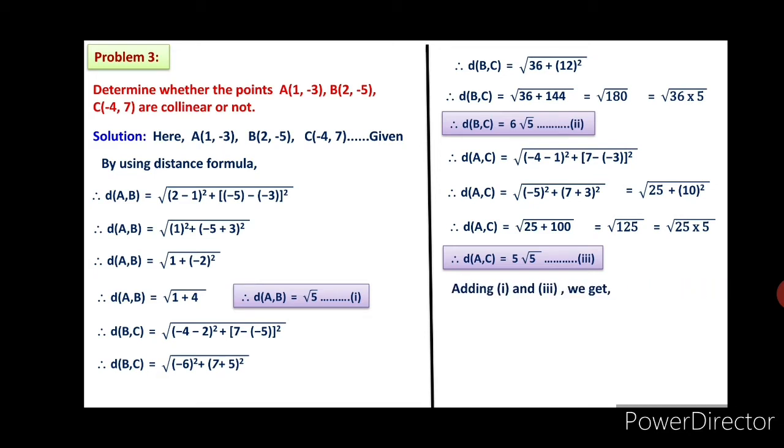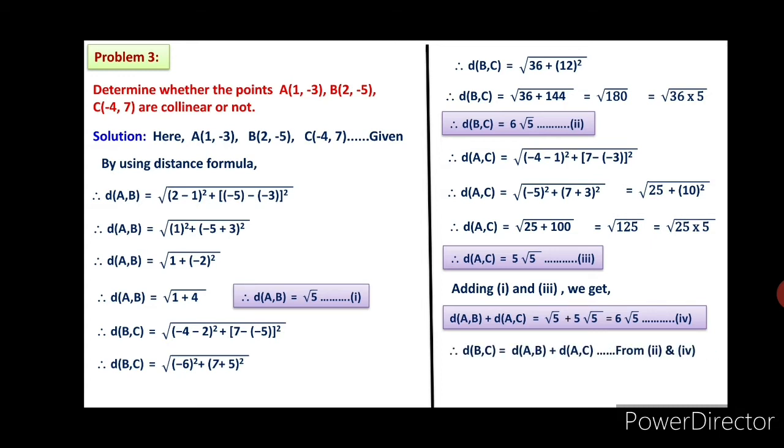Adding 1 and 3, what you are getting is distance between A and B plus distance between A and C is equal to root 5 + 5 root 5, which is 6 root 5. This is statement 4. From 2 and 4, both are same, that is 6 root 5. RHS is same. Therefore, distance BC is equal to distance AB plus distance AC. Therefore, you can write that points A, B, C are collinear.